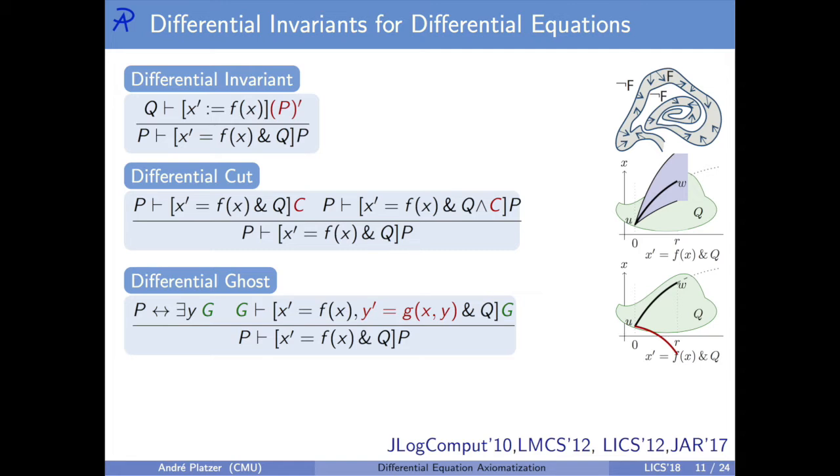Why is that important? Because there's a hybrid system around it, and whenever you run out of Q, you're supposed to do something else and do something discrete, for example.